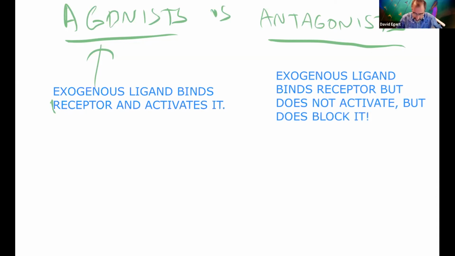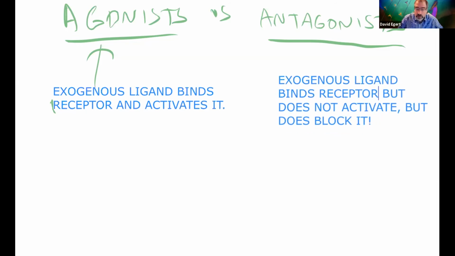So an exogenous ligand, something that will bind the receptor, doesn't turn it on, but doesn't let other things attach there to turn it on.